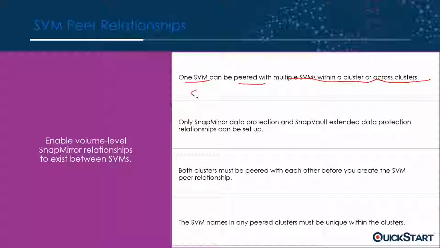So don't think that, oh, I've already set up a peer relationship between SVM1 and SVM2. No, you can also peer it with SVM3. So it is possible. Only SnapMirror data protection and SnapVault extended protection relationships can be set up.